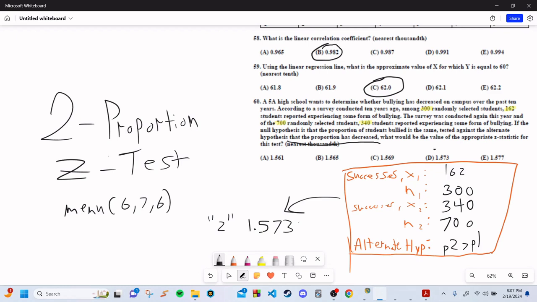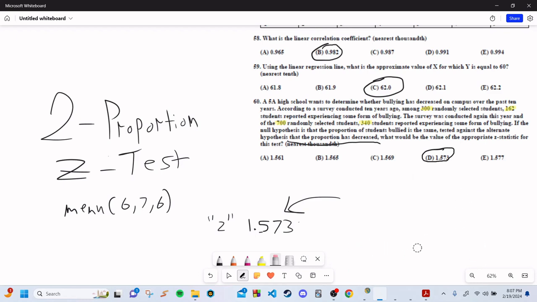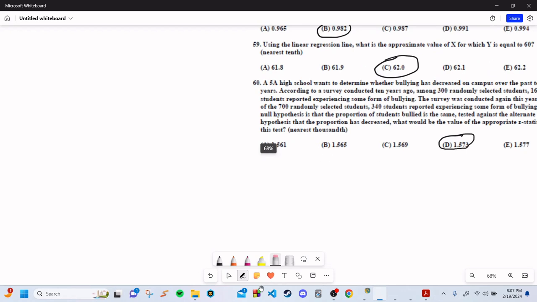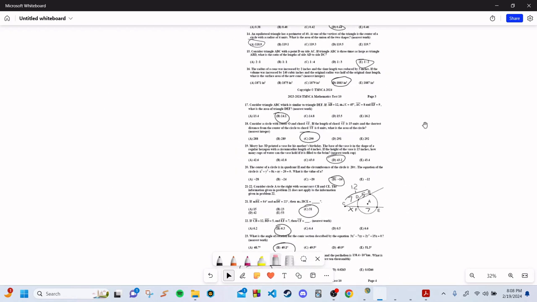And so that will be answer choice D. And so the main takeaway is recognize when you need to use a two proportion z-test and how to get there on your calculator. And so that was all of the questions on this year's TMSCA 10 math test.